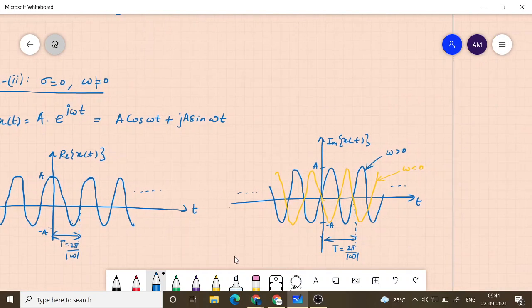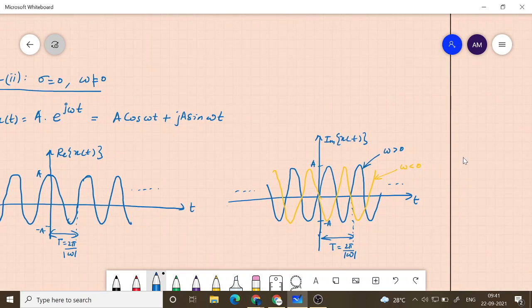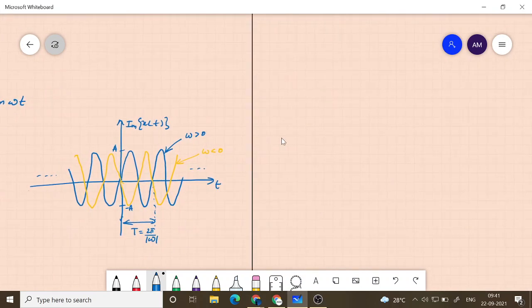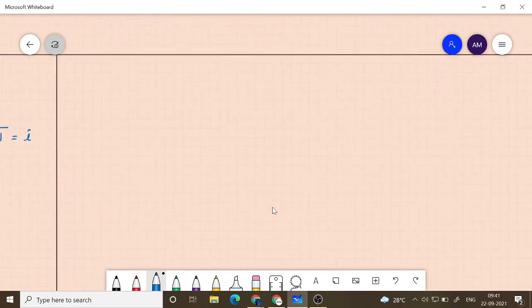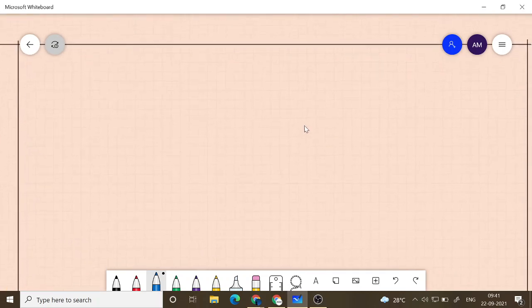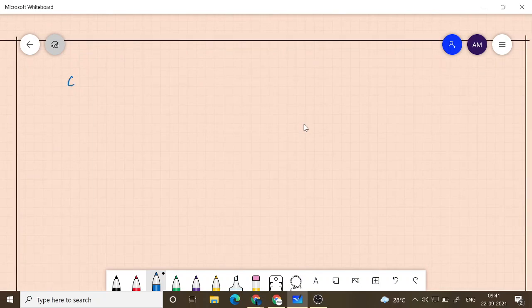Let's look at now the third case. The third case is where none of them is 0. Both are positive or non-zeros. Case 3. So you have sigma not equal to 0 and omega not equal to 0.